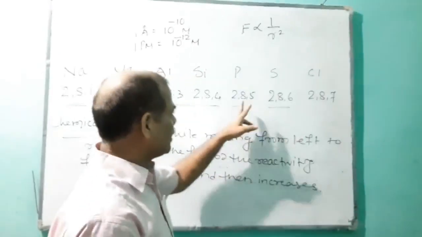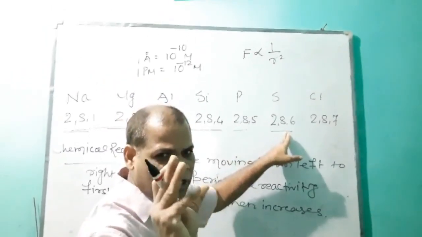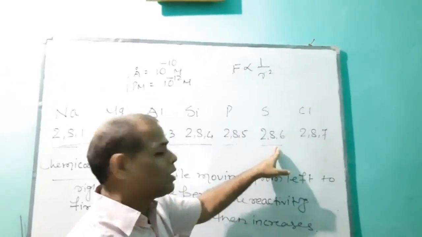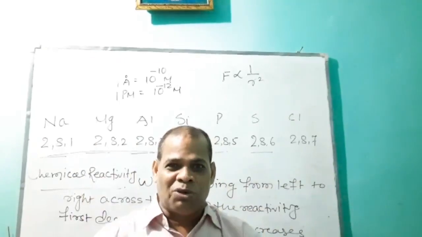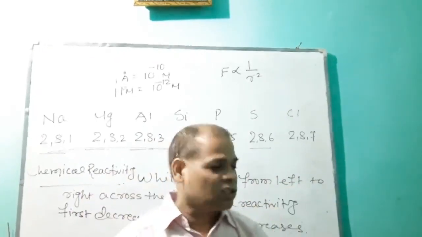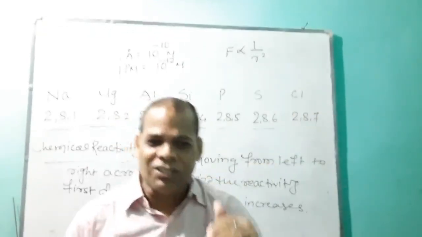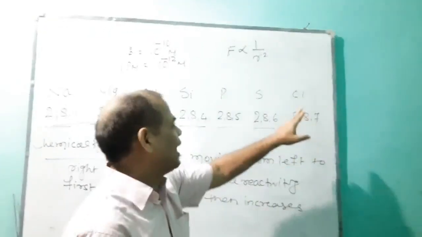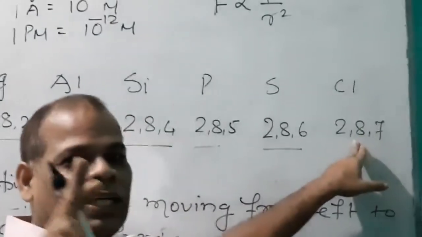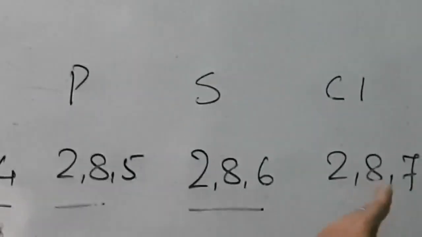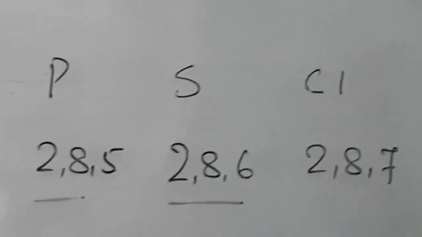So similarly, out of phosphorus and sulfur, sulfur is smaller in size. So sulfur immediately wants to receive those incoming electrons. Now if you talk about sulfur and chlorine, chlorine is yet smaller in size as compared to sulfur. Not only is chlorine smaller in size, but chlorine has to receive 1 electron, while sulfur has to receive 2 electrons.